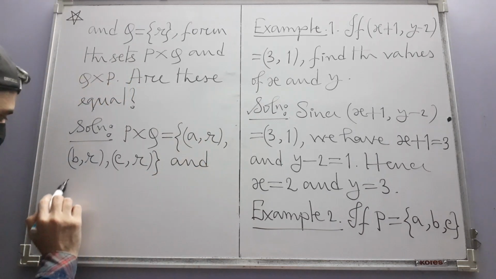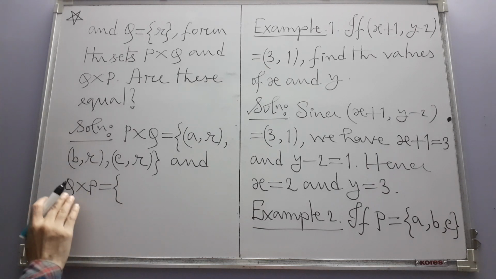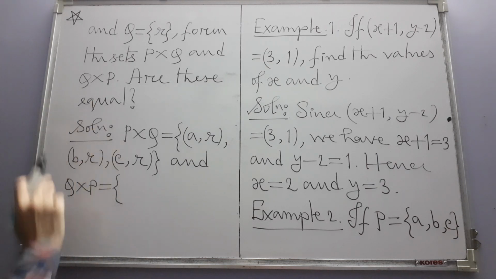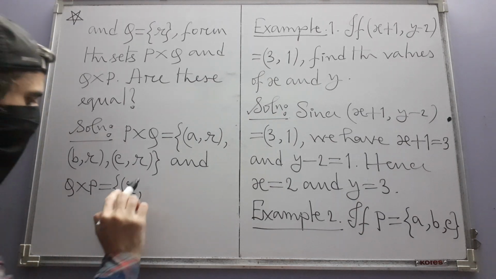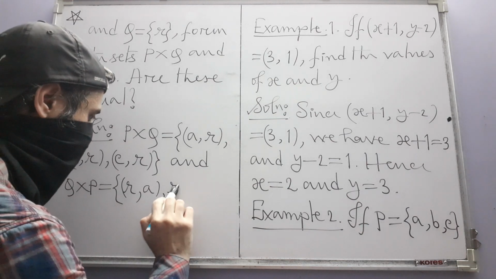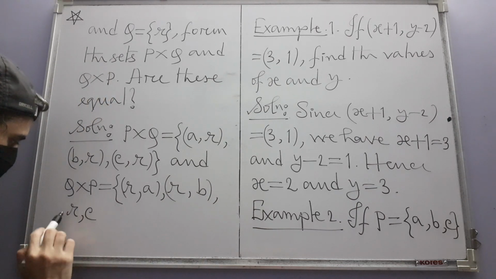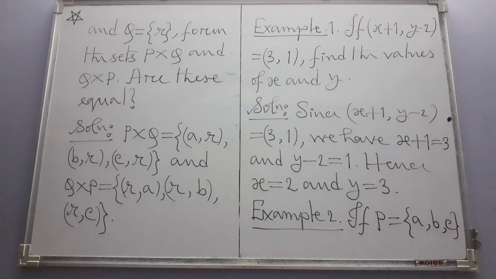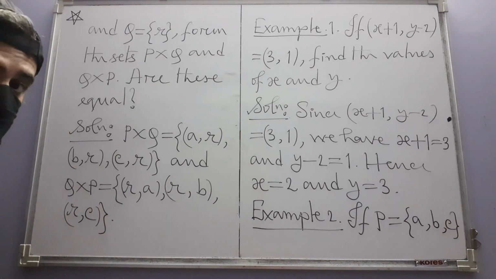And what about Q times P? This time, however, the first component has to come from Q. So that means the first component is constantly R: RA, RB and RC. So obviously these are not the same set.